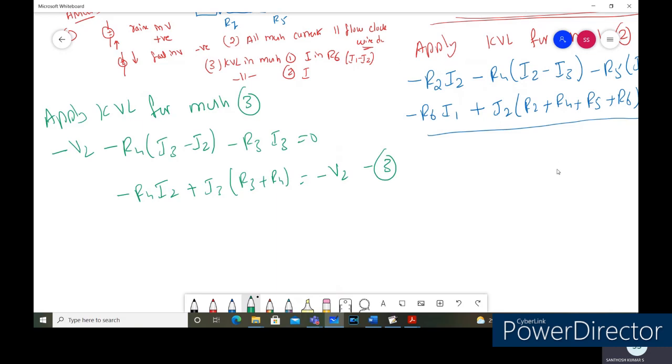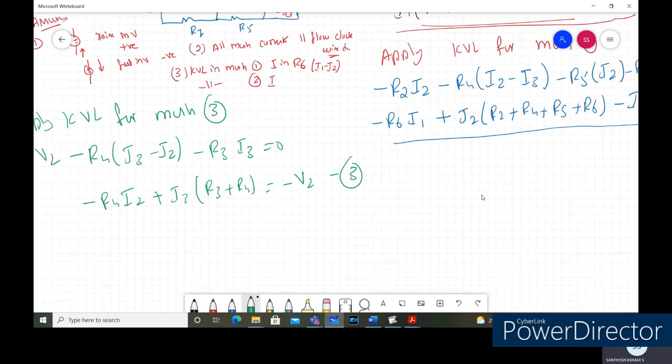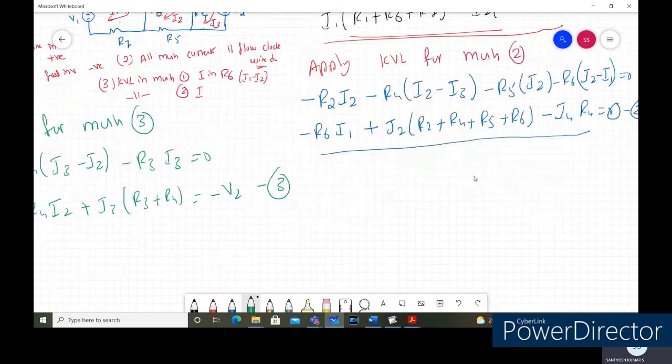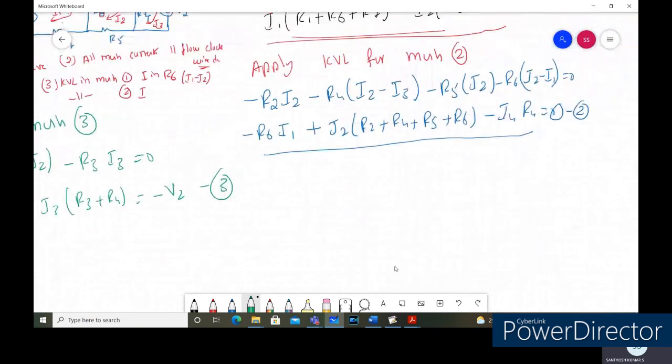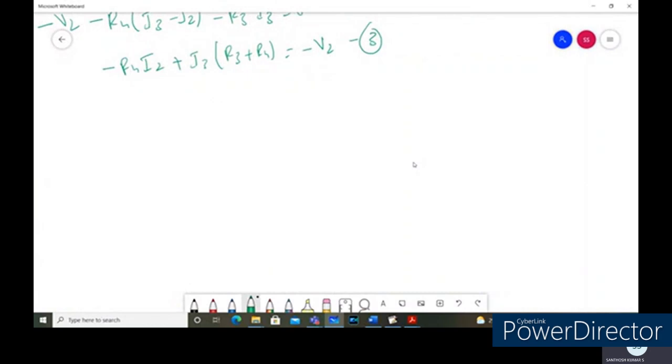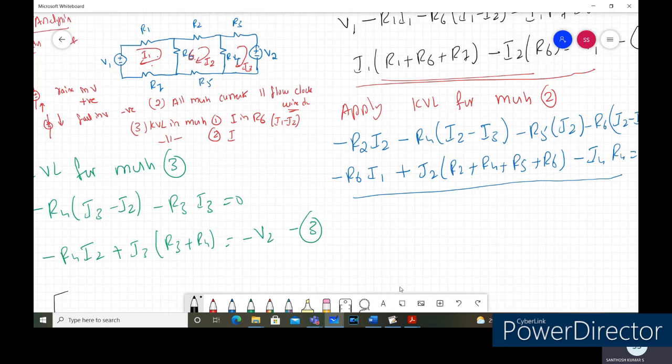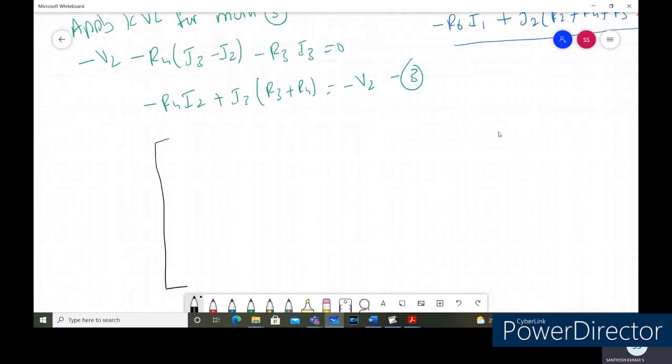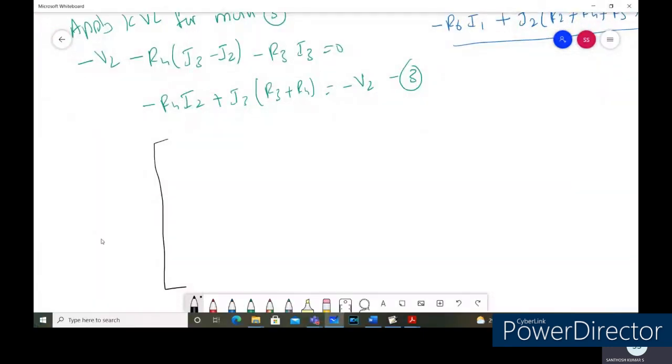Now, in order to solve these equations 1, 2 and 3, we need to represent them in matrix format. So here the I1 terms are nothing but R1 plus R6 plus R7.